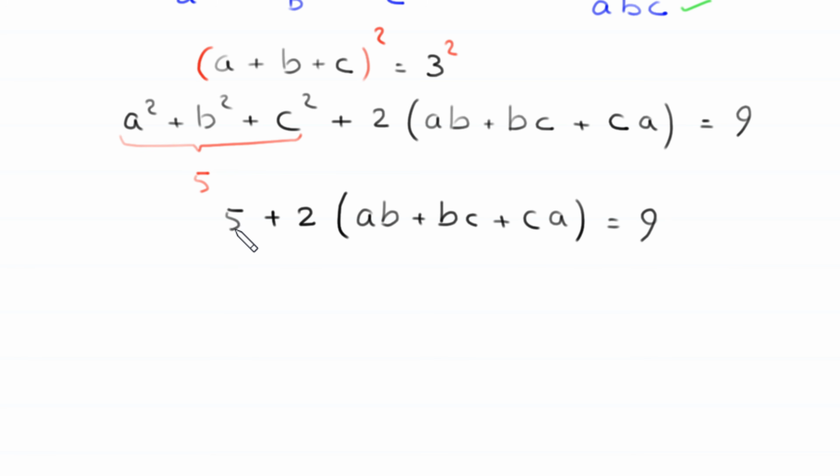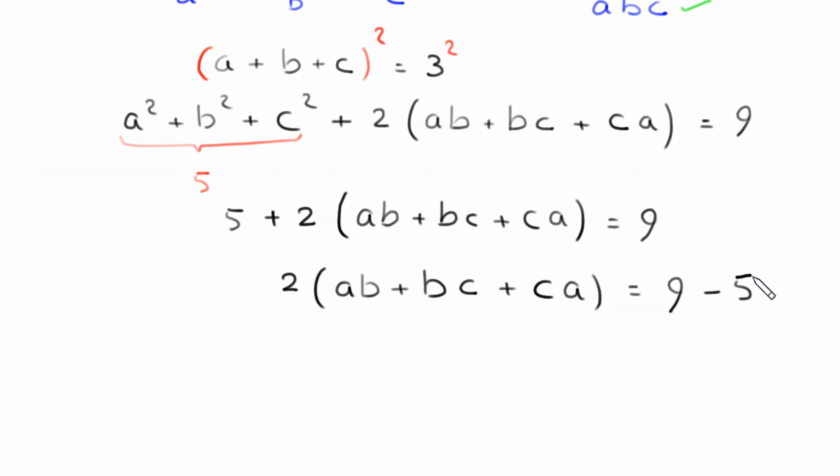Move this 5 to the right hand side, this will become 2 times ab plus bc plus ca equal to 9 minus 5. Further simplifying, 9 minus 5 becomes 4.